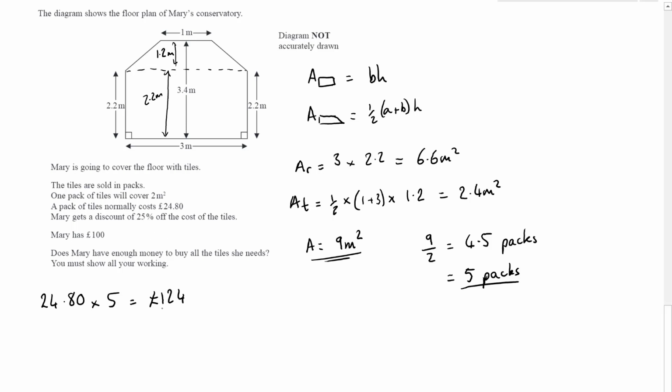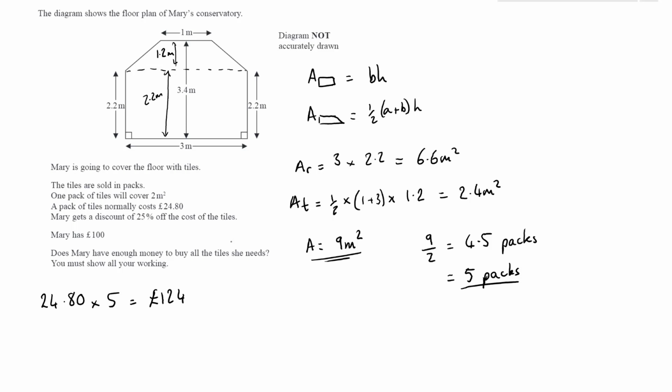So what we can do is work out the reduced price, and there are multiple ways we could do that. We could work out 25% of this and take it away, or we could find out what is 75% of this. Since this is 100% and we're getting a 25% discount, we take 100 minus 25, which gives us 75% left over.